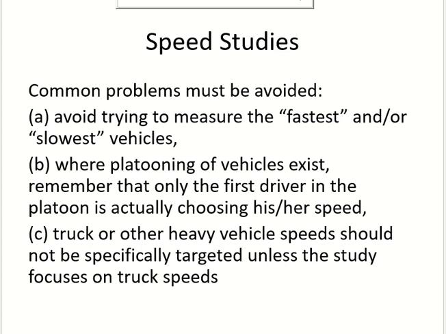But as I said, this only applies to speed studies done after the intersection, because platoons form at the intersection. If you are doing it after the intersection, then you will have a platoon, and then you should focus on the first vehicles in the platoon. The rest are following.